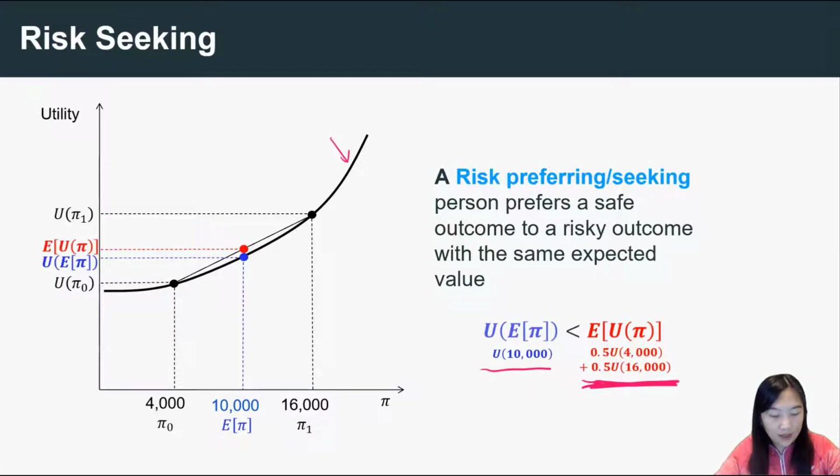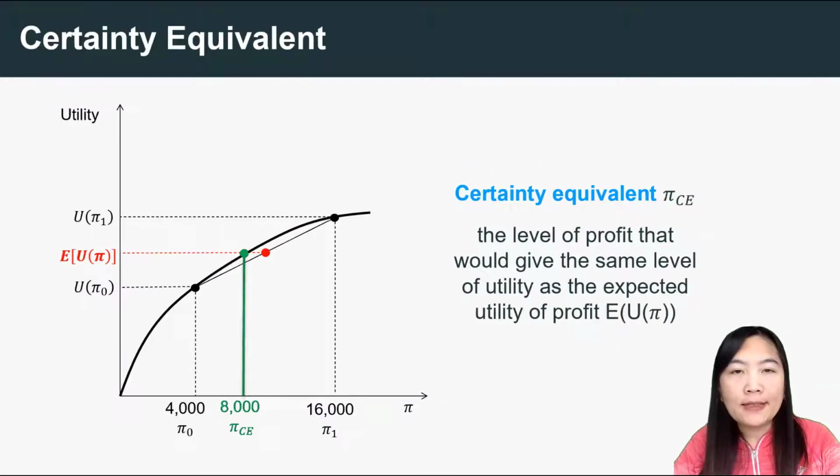If that's the case, then that person is a risk preferring or risk seeking person. You can think of this as somebody who would go to a casino to gamble, and that would be the shape of that kind of person's utility curve. So that's how you can tell whether a person is risk neutral, risk averse, or risk preferring. Basically, that's decided by the shape of the utility curve the person has.